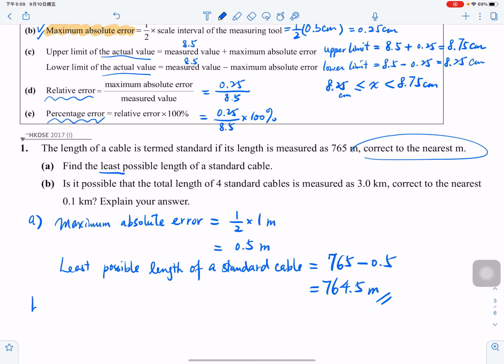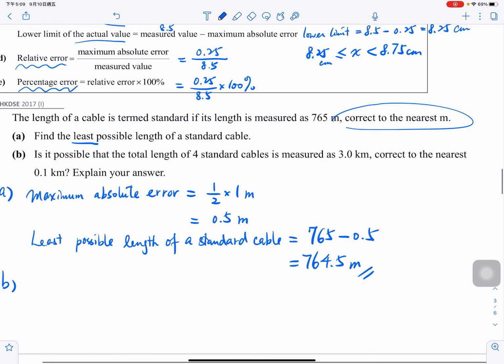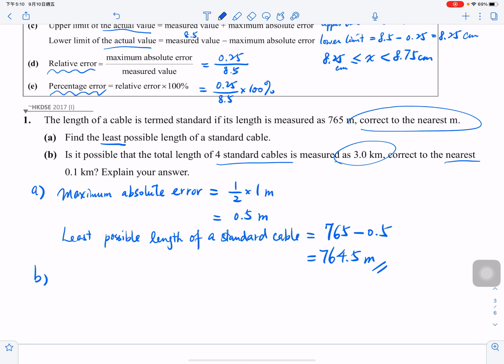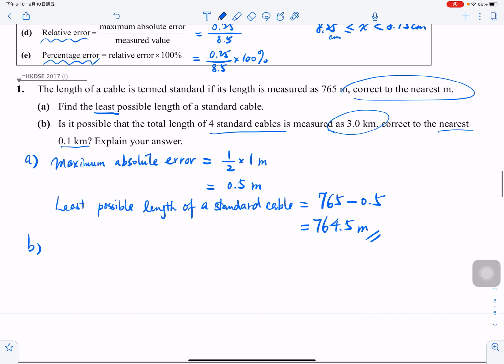Okay. Part B. Is it possible that the total length of 4 standard cables is measured as 3 kilometers, correct to the nearest 0.1 kilometers? Explain your answer. So, now, is it possible? Just check it. Because now in part A, we found the least possible length.